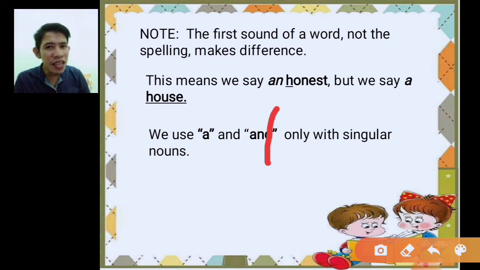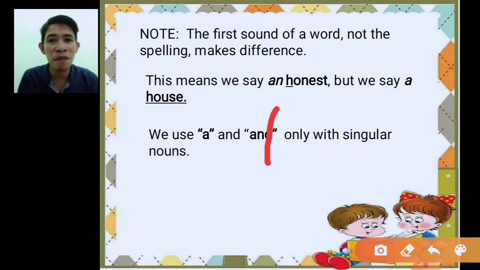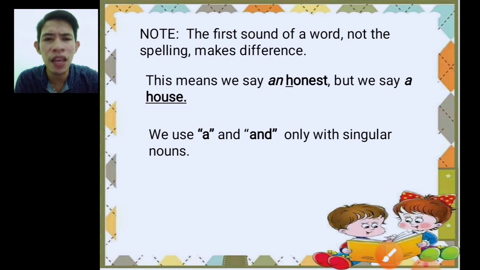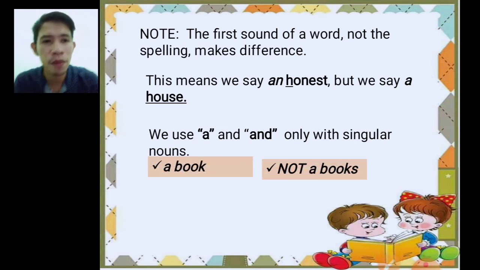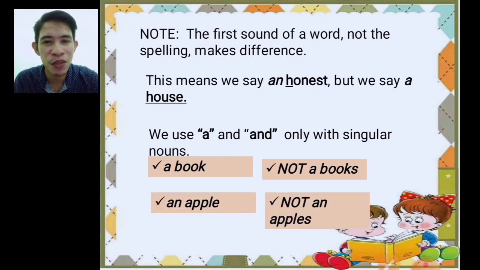Again, a and an can be used only with singular nouns. What does it mean then? A book, not a books. An apple, not an apples. Okay? So those are the uses and functions of articles a and an.